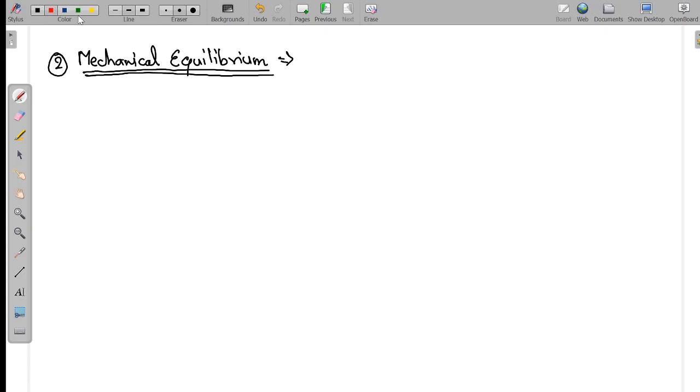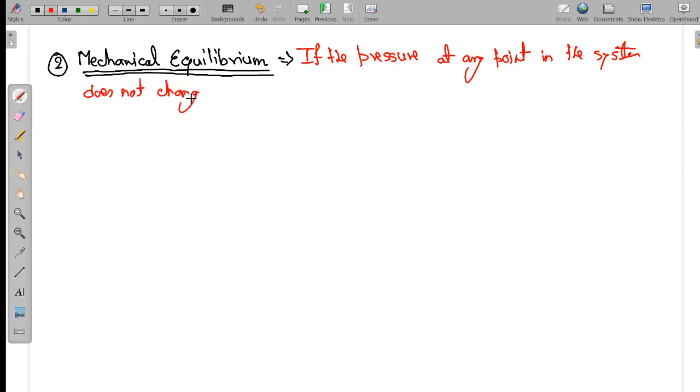Mechanical equilibrium is if the pressure at any point in the system does not change with time, then the system is said to be in mechanical equilibrium.